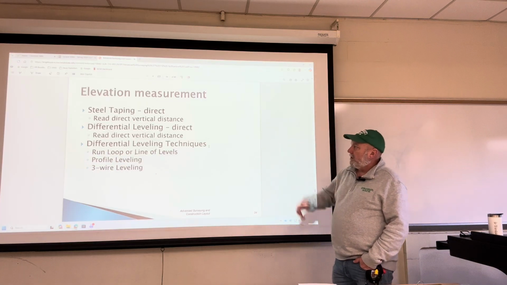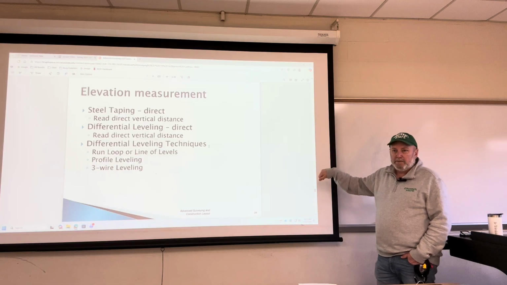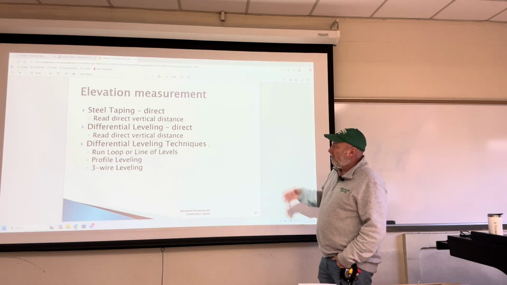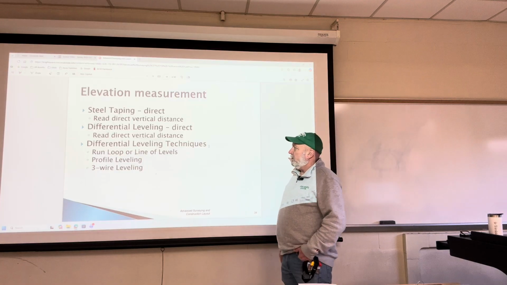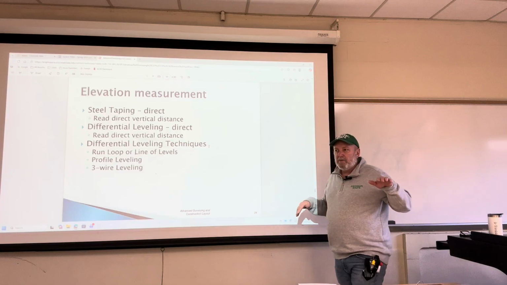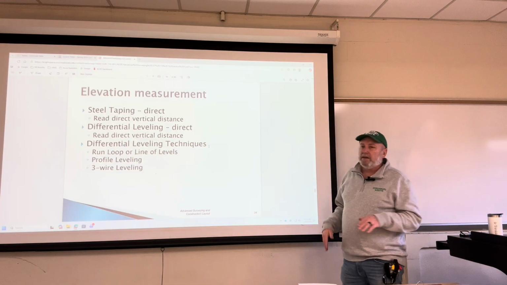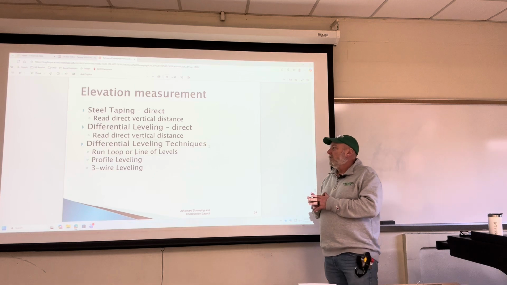So steel taping, like I said, reading direct vertical distance, that'd be like putting a tape measure up against the wall and just measuring your straight distance. Your differential leveling, like I was just talking about, you're reading direct elevation difference from a known horizontal plane off of a known benchmark elevation and transferring that elevation to another place.